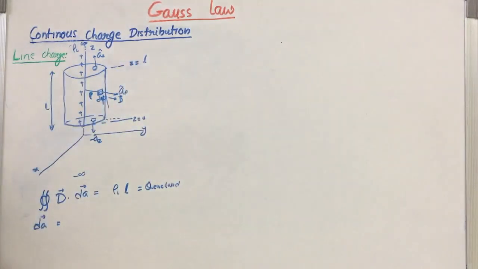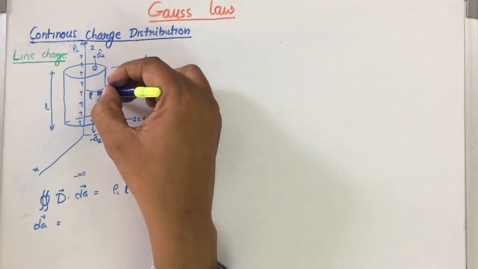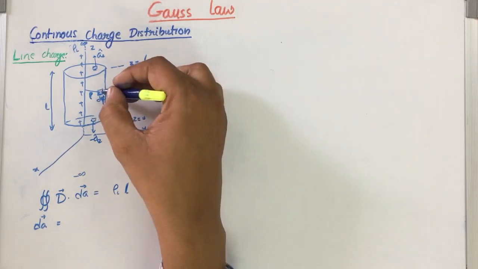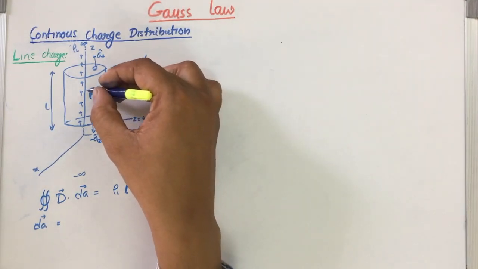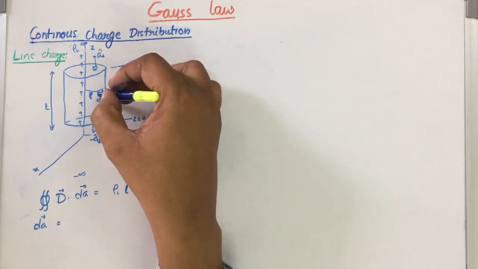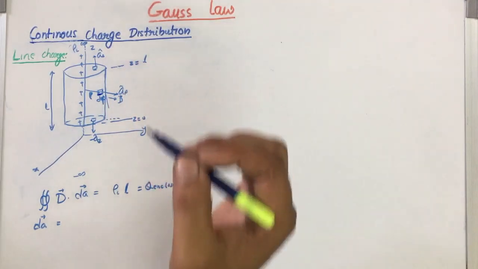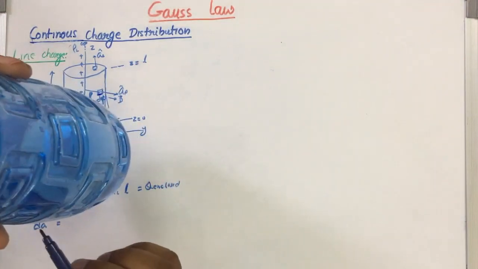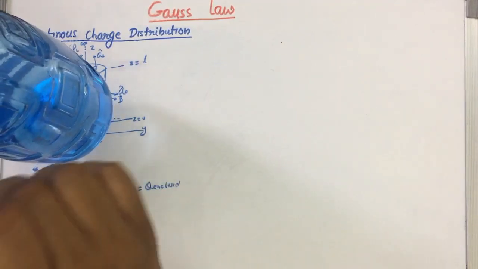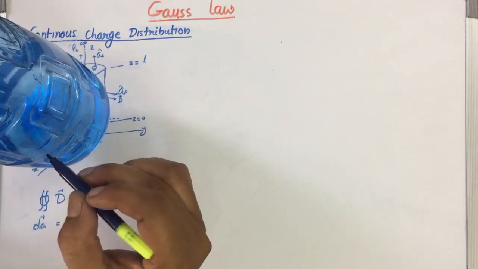This is rho and this is d phi, and this arc will be rho d phi, because the arc is radius times d phi.